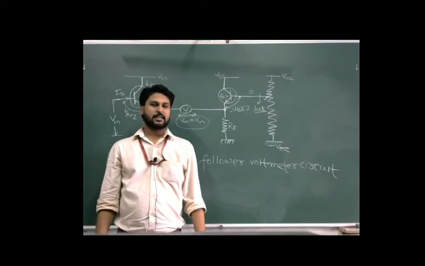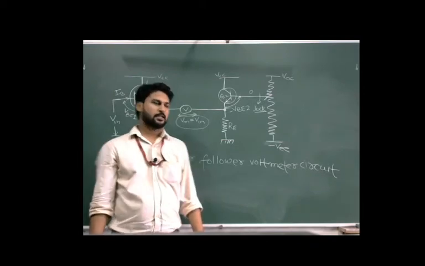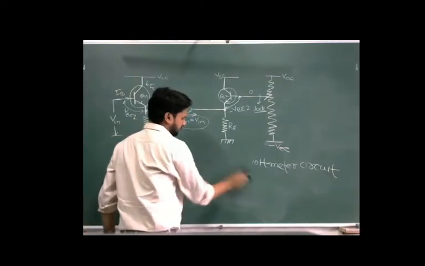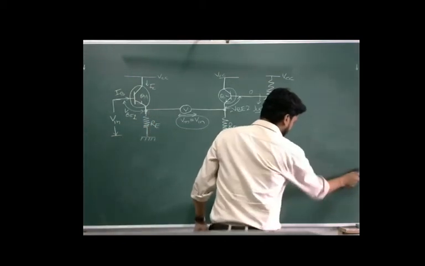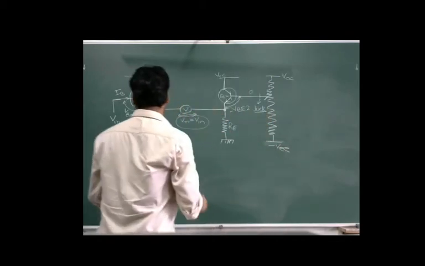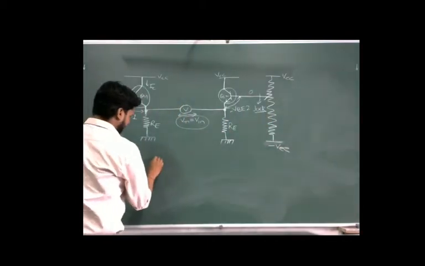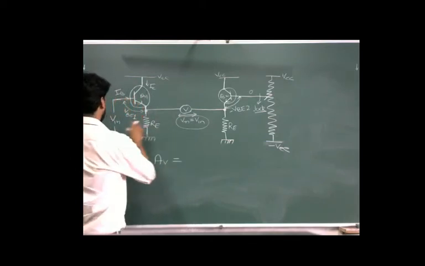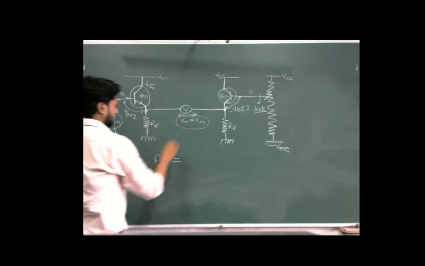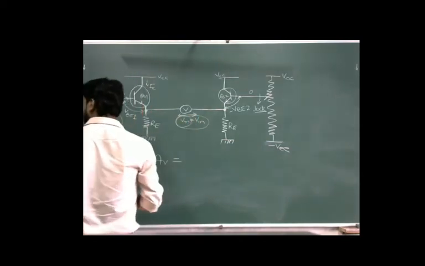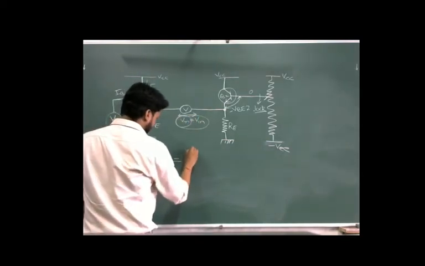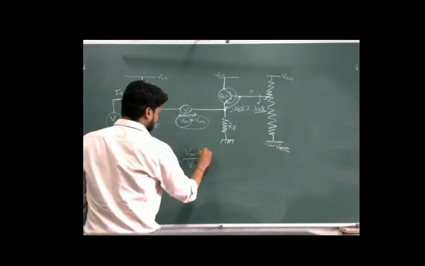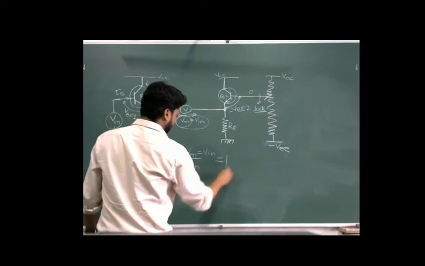We will see another thing in this circuit. If we calculate the voltage gain of this circuit, the voltage gain A is Vout upon Vin. Vin is this potential, Vout is the potential across the voltmeter, so we get Vm upon Vin. Because Vm is equal to Vin, the voltage gain is 1.